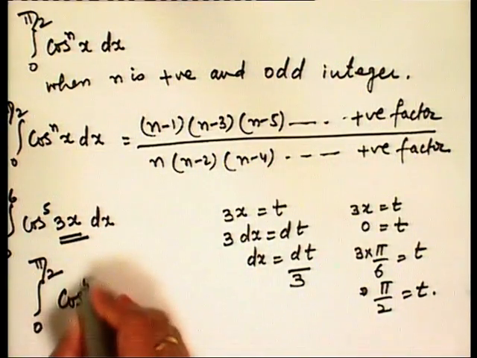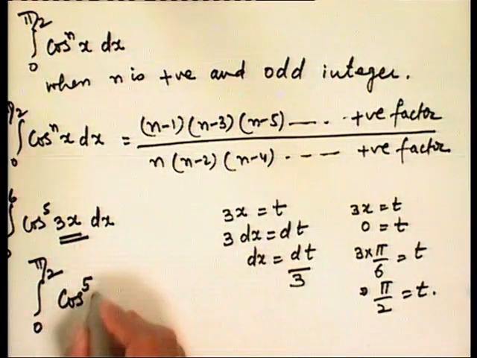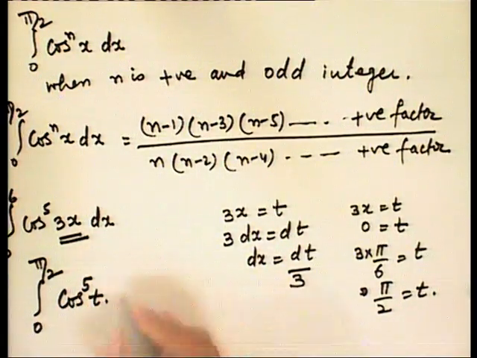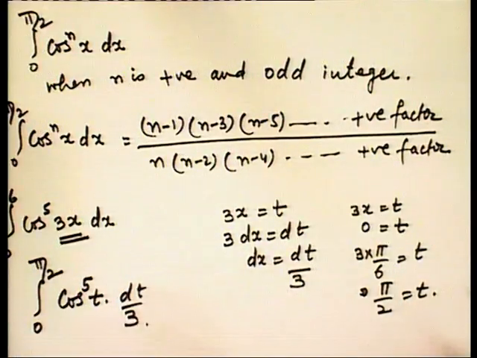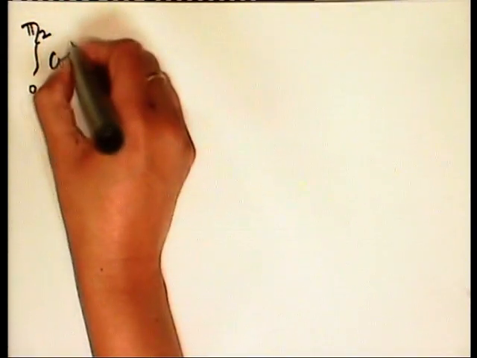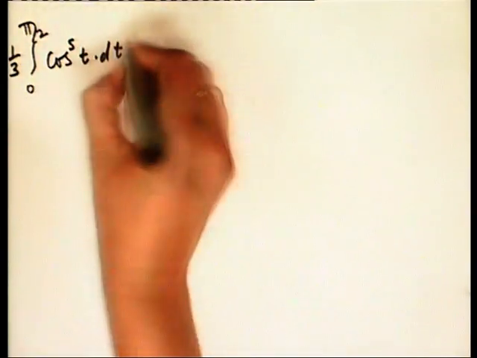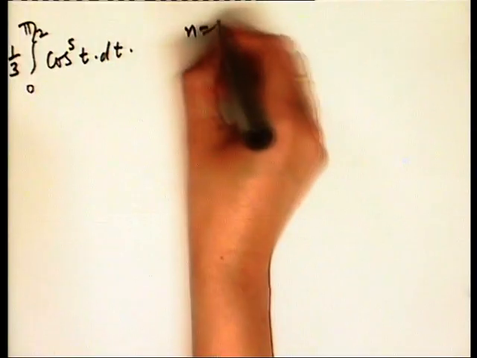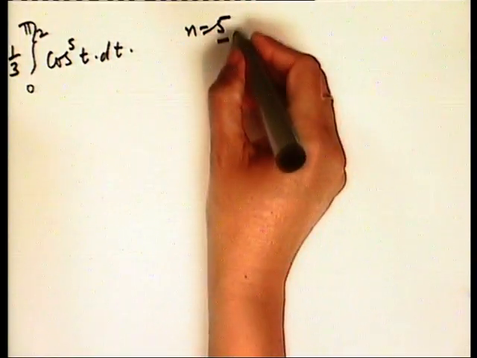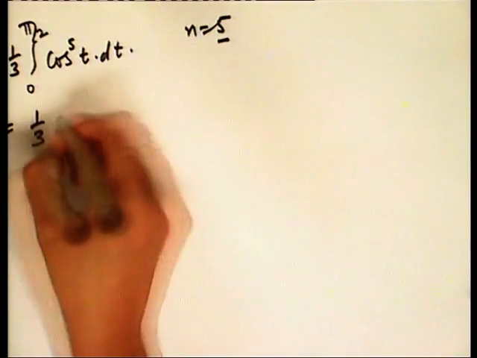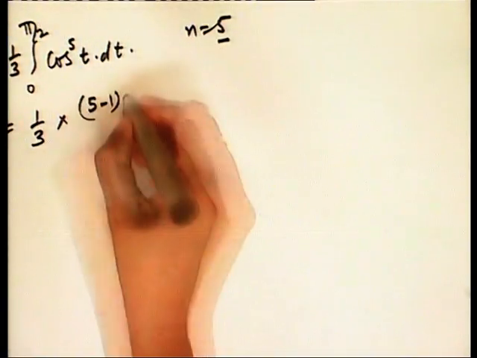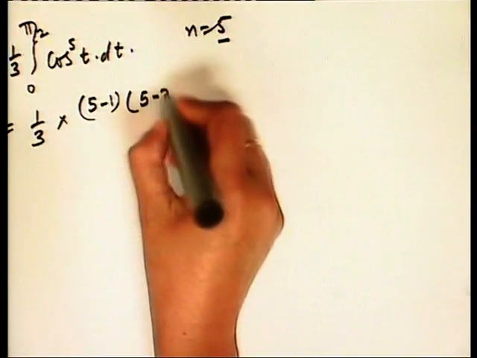Now our question became cos^5 of 3x means t, and dx is dt upon 3. Now 0 to pi by 2, cos^5 t, 1 by 3 common, and dt. n equal to 5, n is positive and n is odd, then the formula is 5 minus 1, 5 minus 3.